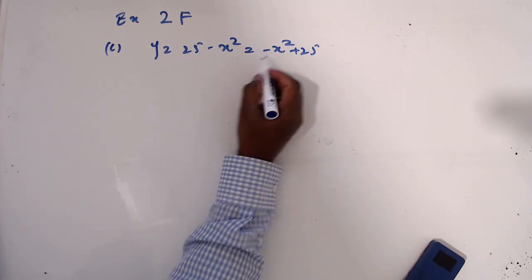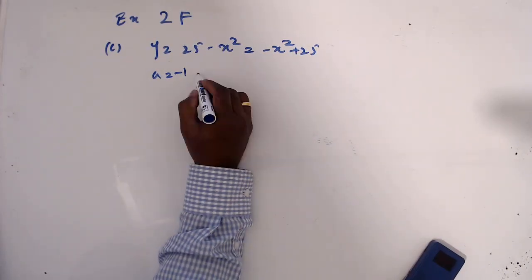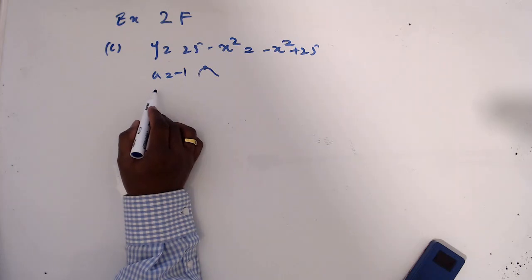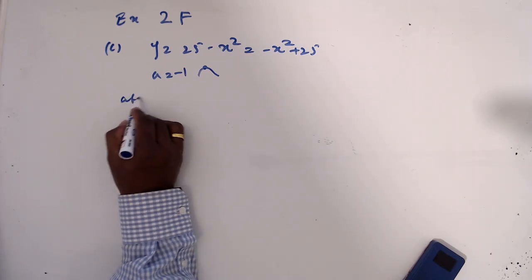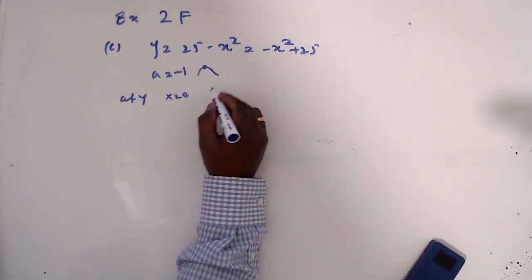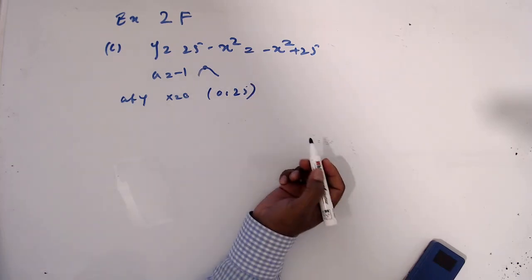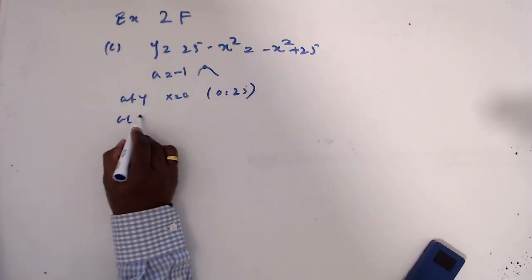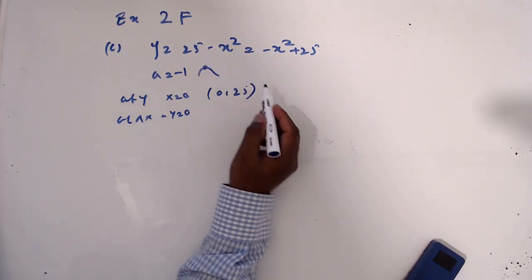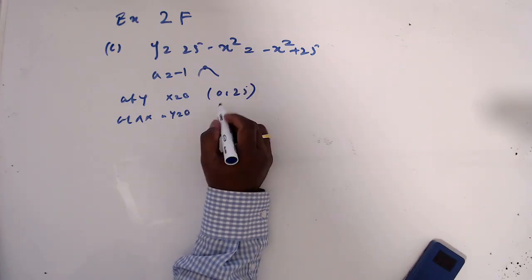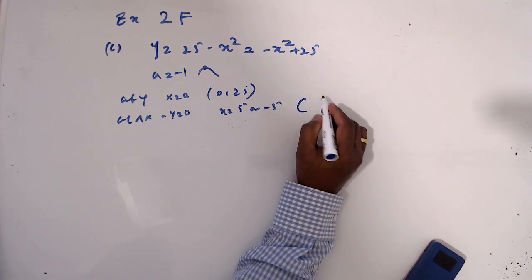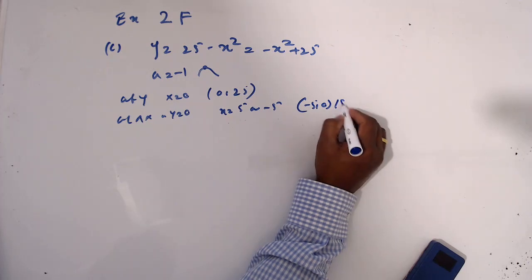So this a is negative, so it has a maximum point, and at the y-axis x equals 0, then (0, 25), and at the x-axis y equals 0, x equals 5 or minus 5, then you will get (minus 5, 0) and (5, 0).